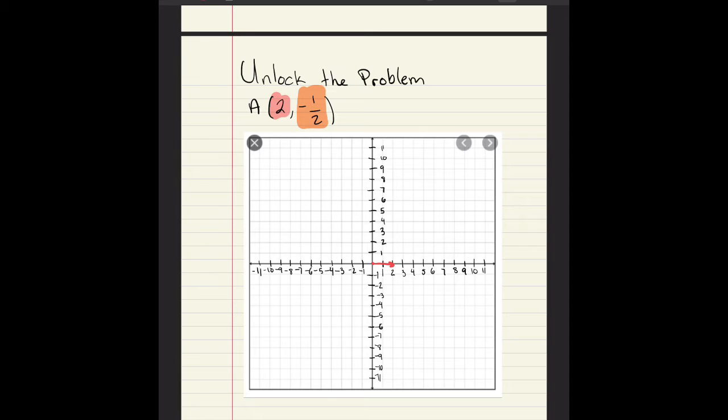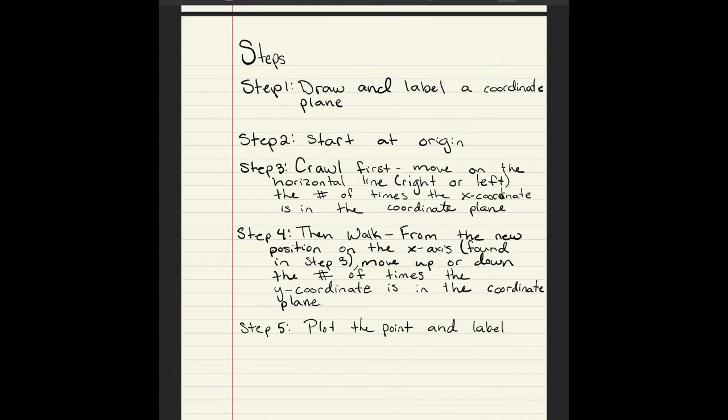So I'm only going to go down 1/2, because one whole negative would be at that line. So it would be right here. I'm going to label it A. And that's my answer.